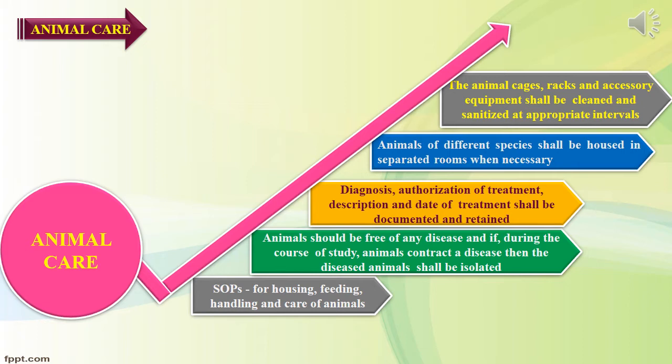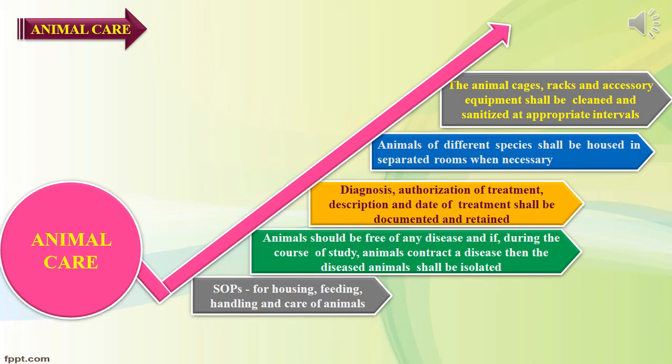Animals should be free of any disease, and if during the course of study animals contract a disease, then the diseased animals shall be isolated. Diagnosis, authorization of treatment, description and date of treatment shall be documented and retained.